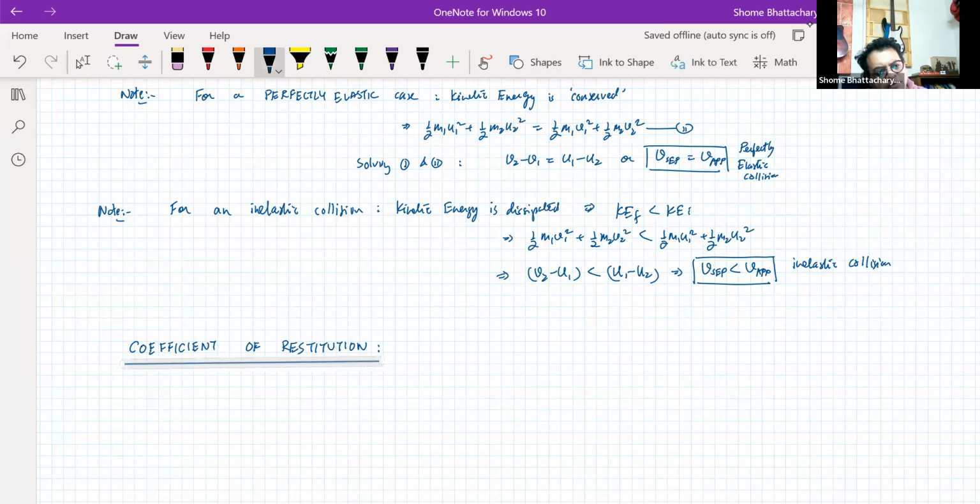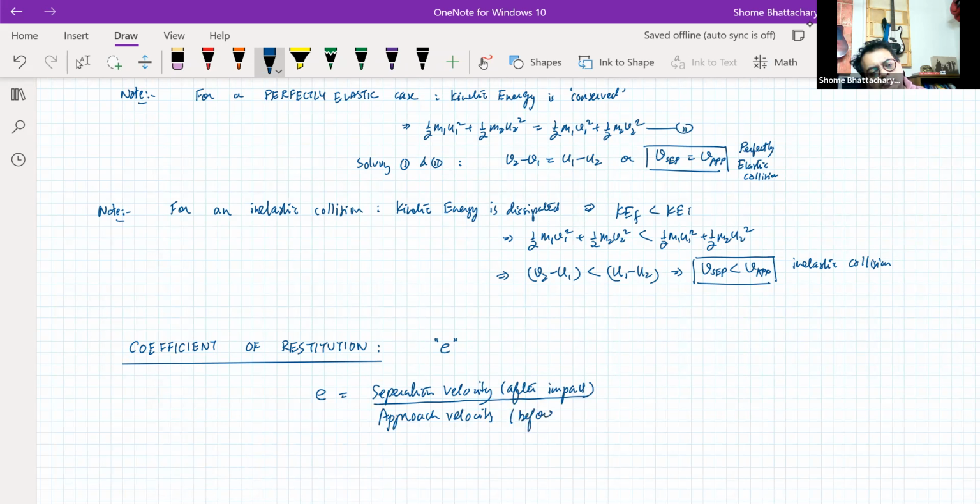The coefficient of restitution is denoted by the symbol E, and it is simply defined as the ratio of the separation velocity after impact with respect to the approach velocity before impact.